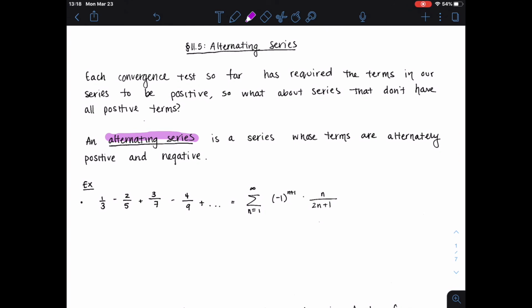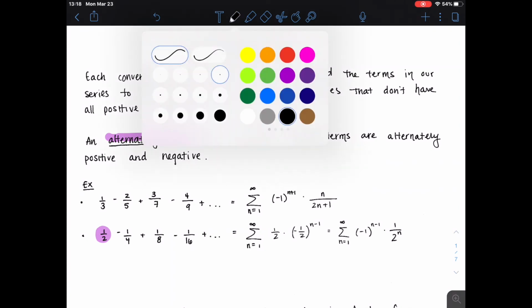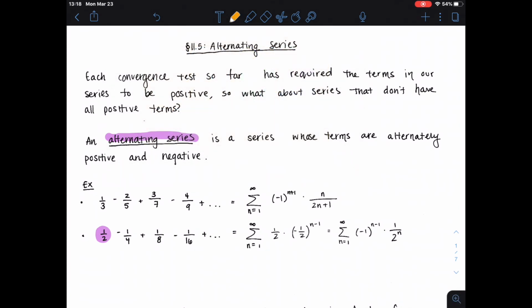So this is alternating. We could have another example: positive 1/2, negative 1/4, positive 1/8, negative 1/16. You see the previous terms just getting multiplied by negative 1/2, so that's really just a geometric series. The initial term, the first one, is a, and you're multiplying by negative 1/2 each time.